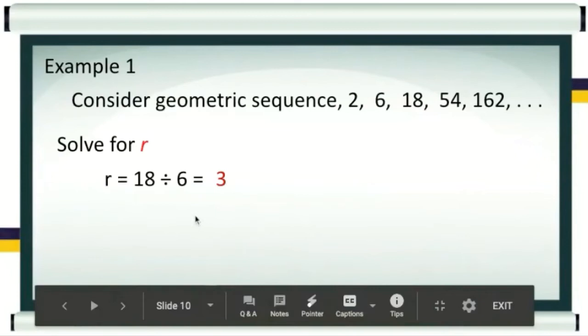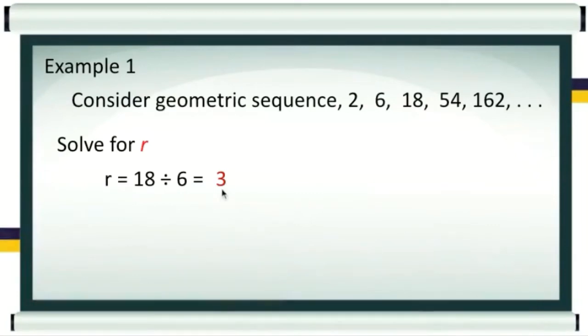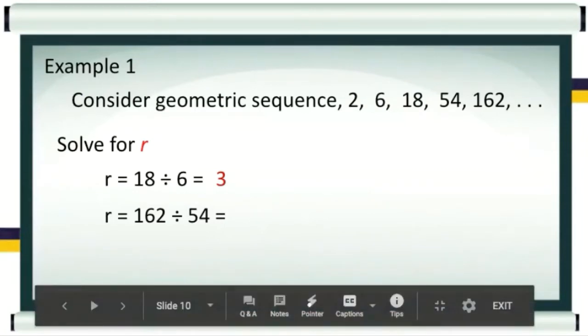Now, to check if all of the answers are 3, we need to divide also the other numbers. For example, 162, we will divide it by 54. For sure, if you use your calculator or manually divide the numbers, you will always get the value 3.